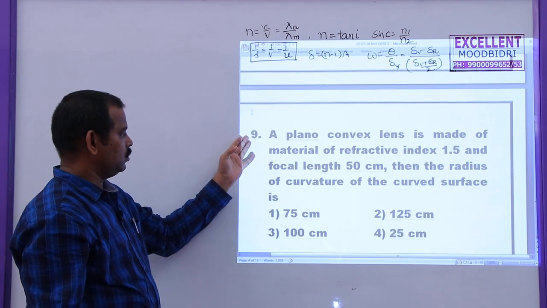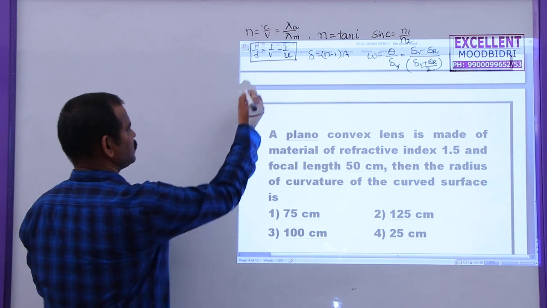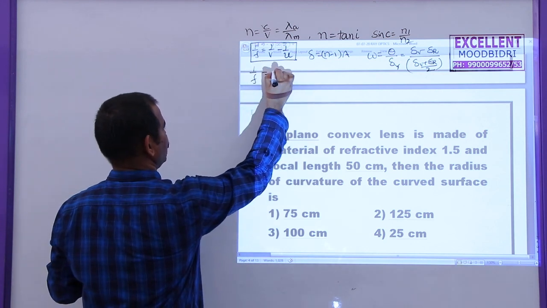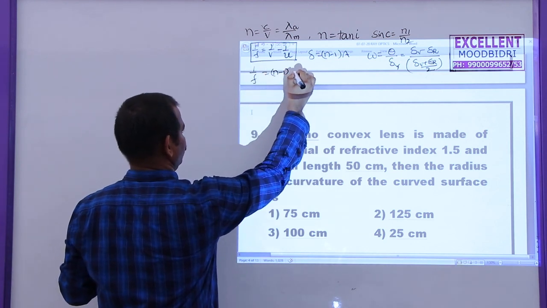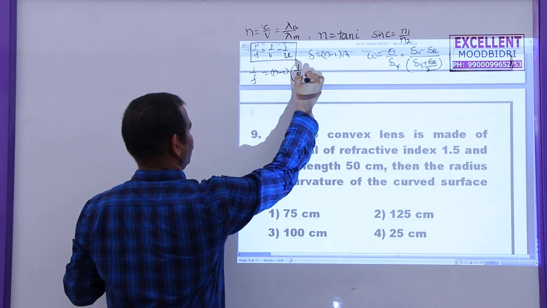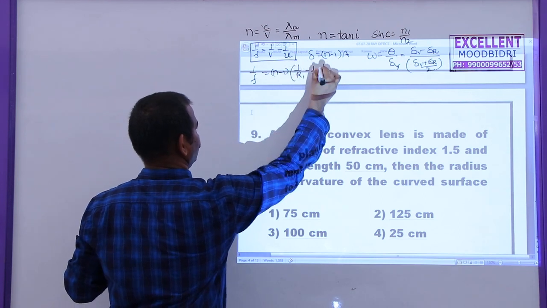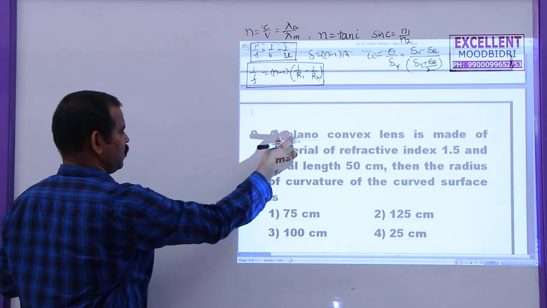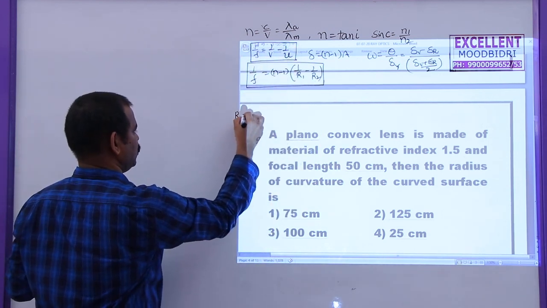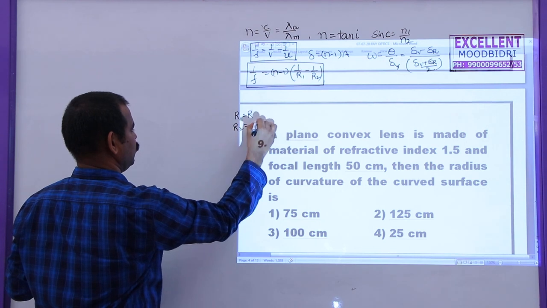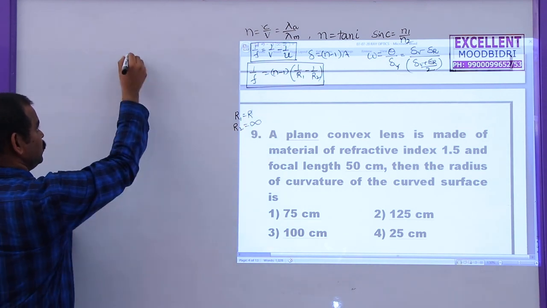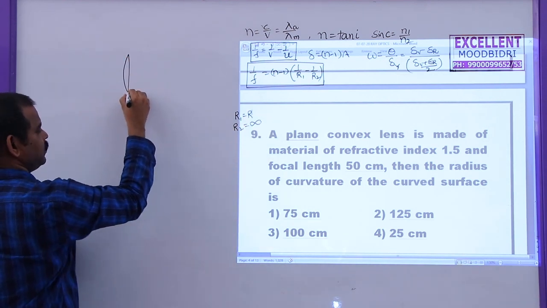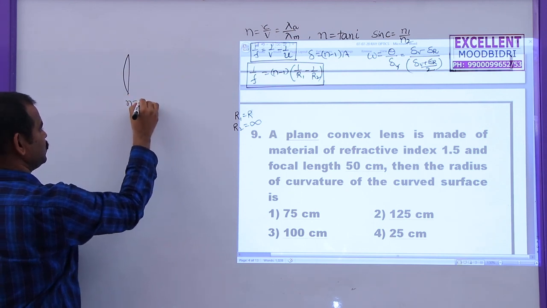This is also a problem on plano convex lens. First of all, the focal length of lens is 1 by f is equal to (n minus 1) into (1 by r1 minus 1 by r2). Very important formula here. Now, for a plano convex lens, R1 is equal to R, R2 will be infinite. So, in this problem, a plano convex lens is given of refractive index 1.5.